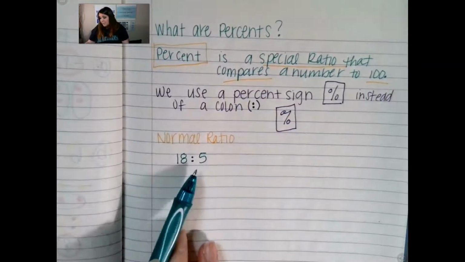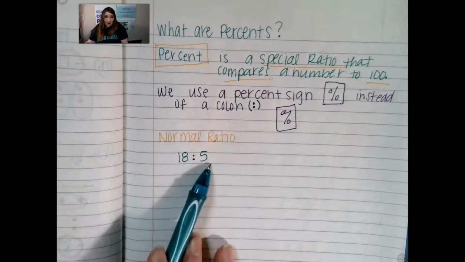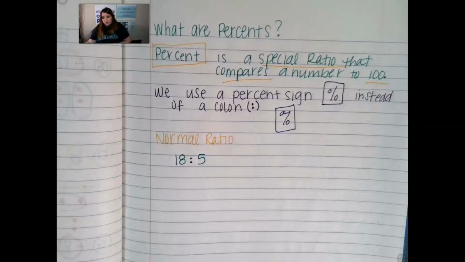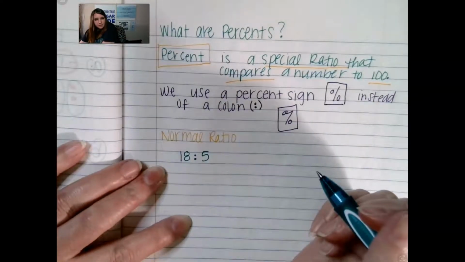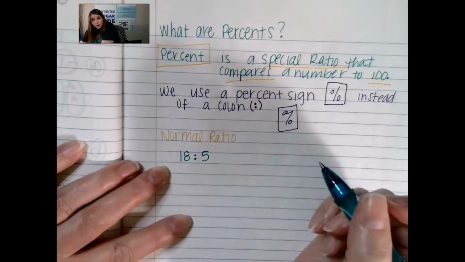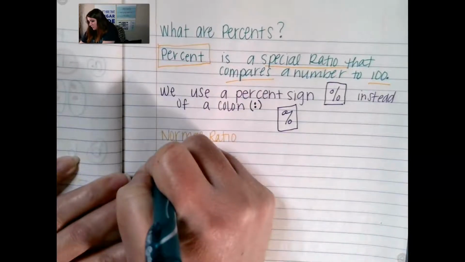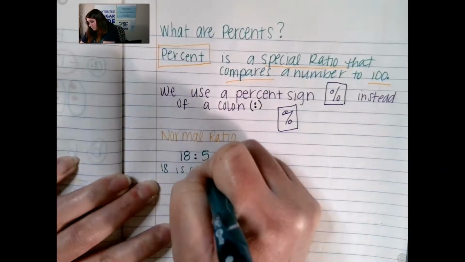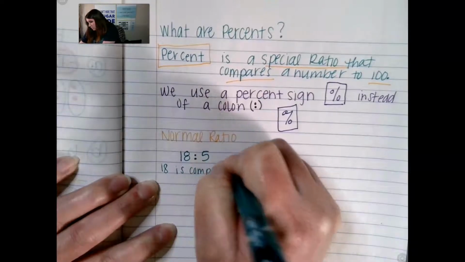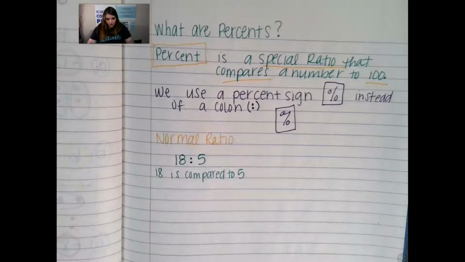You had 18 being compared to 5, or 18 over 5 as a fraction. You can also write it with the word TO. This means that 18 is compared to 5.